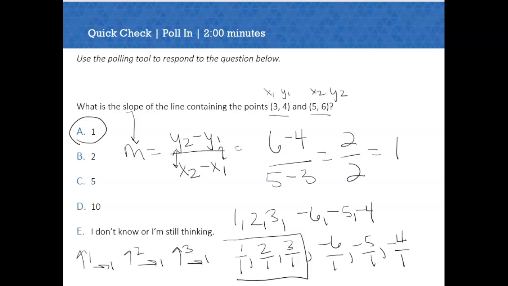The negative means we go down 6, still to the right 1; down 5, to the right 1; down 4, to the right 1. So the negative tells us to go down, but we're always going to the right. Just remember, if you have a whole number, that denominator is an understood 1.